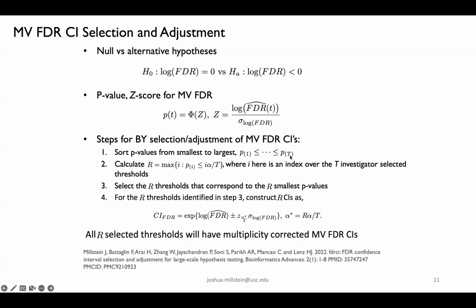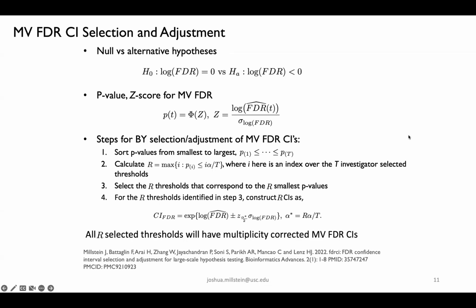We generate T p-values, so now we have a p-value associated with each of those candidate thresholds. We have FDR estimates, we have FDR confidence intervals, and we can apply the Benjamini and Yekutieli approach, select a subset of those intervals if they meet the BH FDR criteria, and then adjust them.